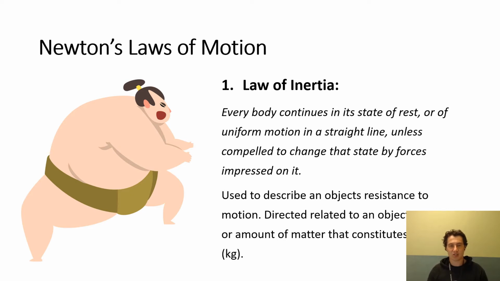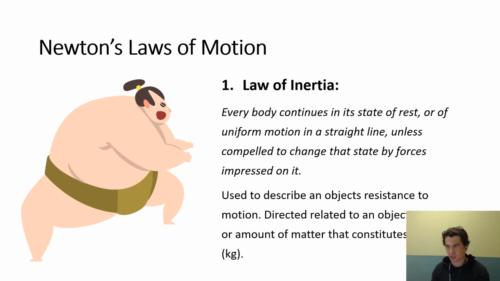That will stay in that position until another force is applied. It could be a force like you coming along and picking that object up. You then have to resist the inertia in that object, apply force through your arm to lift it up, and that changes the state of position or state of motion. So the law of inertia is used to describe an object's resistance to motion.